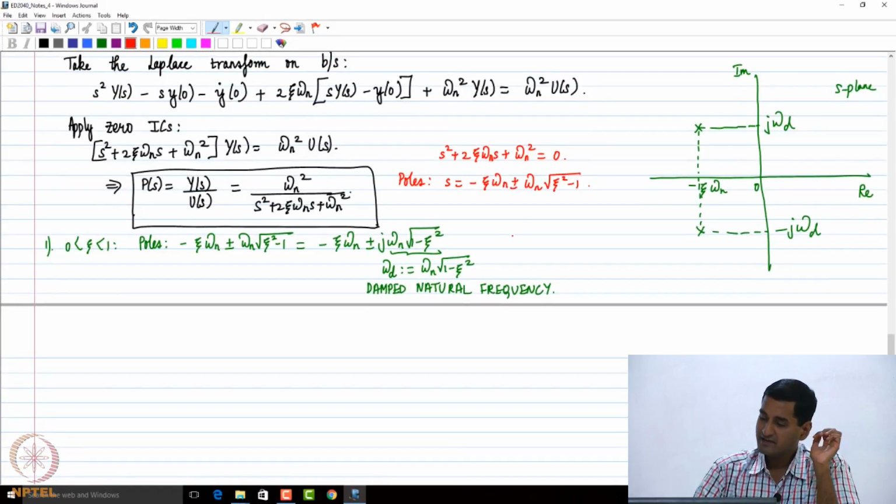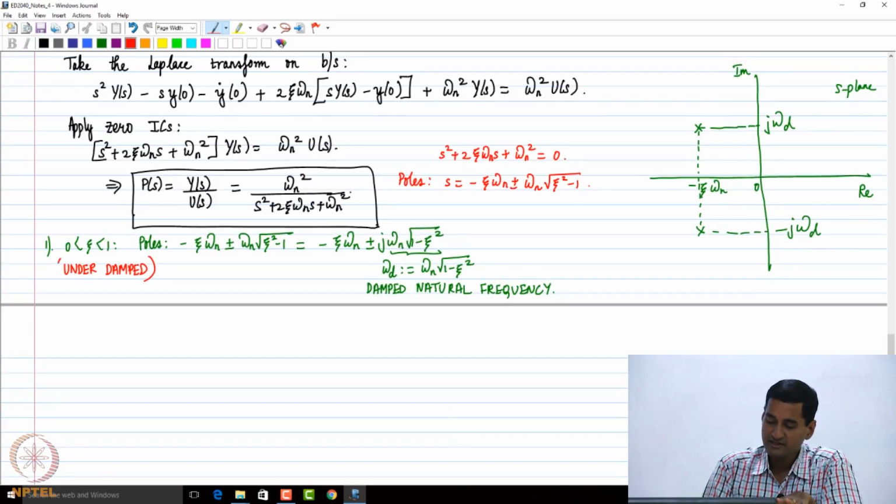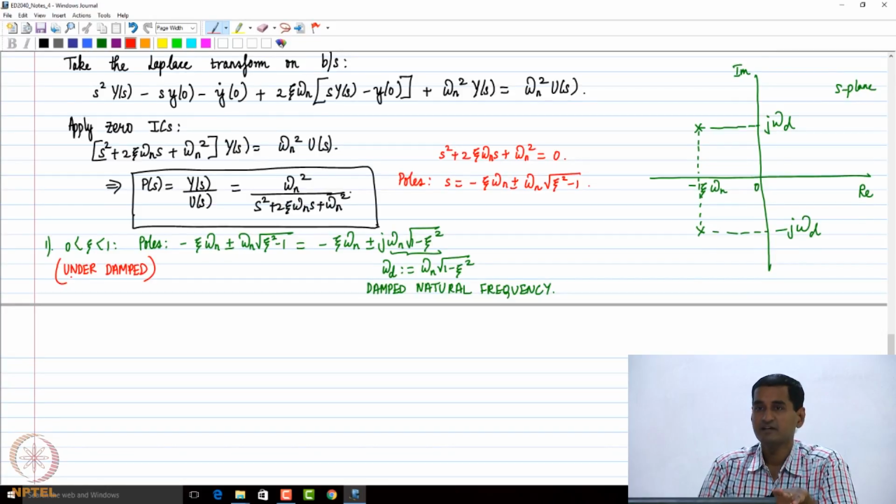And this case where we have zeta less than 1 is what is called an underdamped second order system. So a second order system is said to be underdamped if the damping ratio is less than 1.